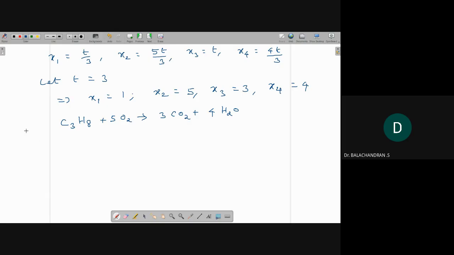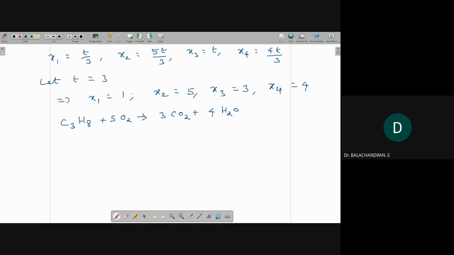I think this is a simple problem, so without matrices you can easily find the answer. But this is a method, so you should learn it here and then apply the concept of matrices.